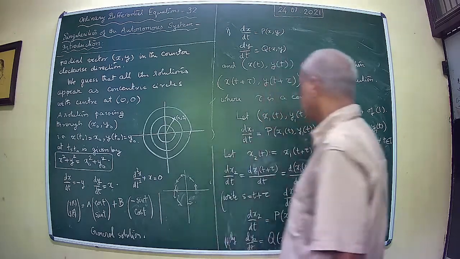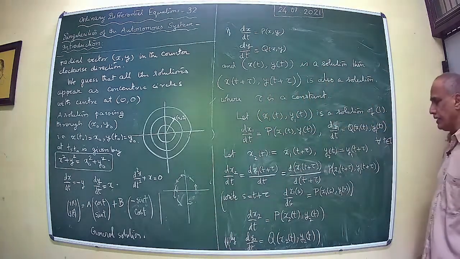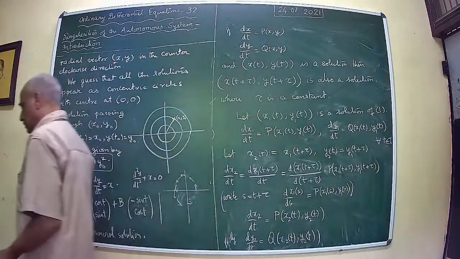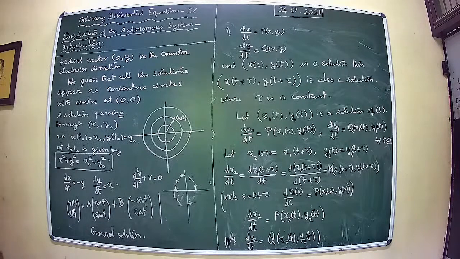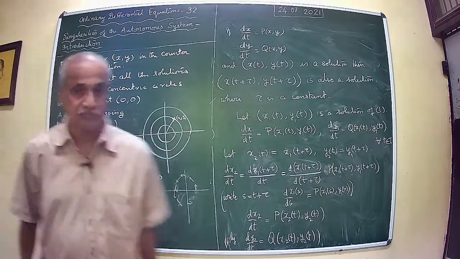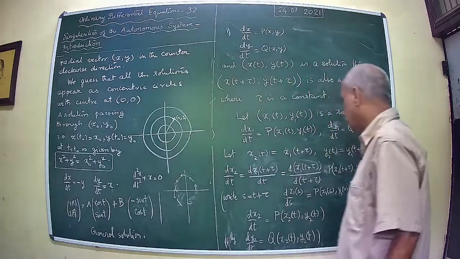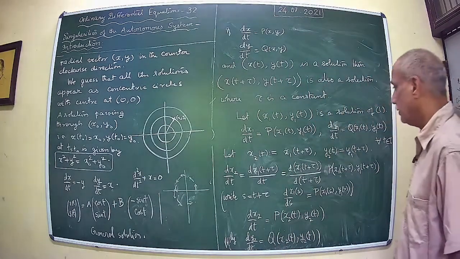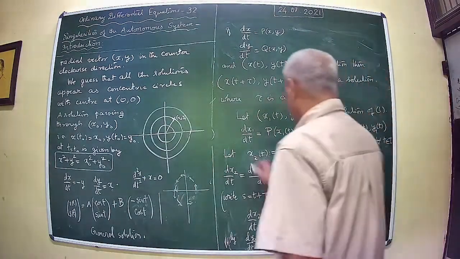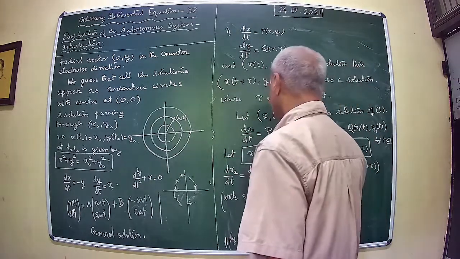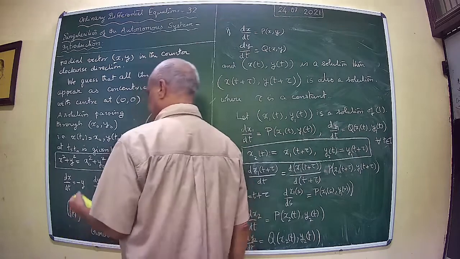Therefore, if x1(t) and y1(t) satisfy the system, then x2(t) and y2(t) also satisfy the system, where x2(t) is equal to x1(t plus tau). So that's what we infer.